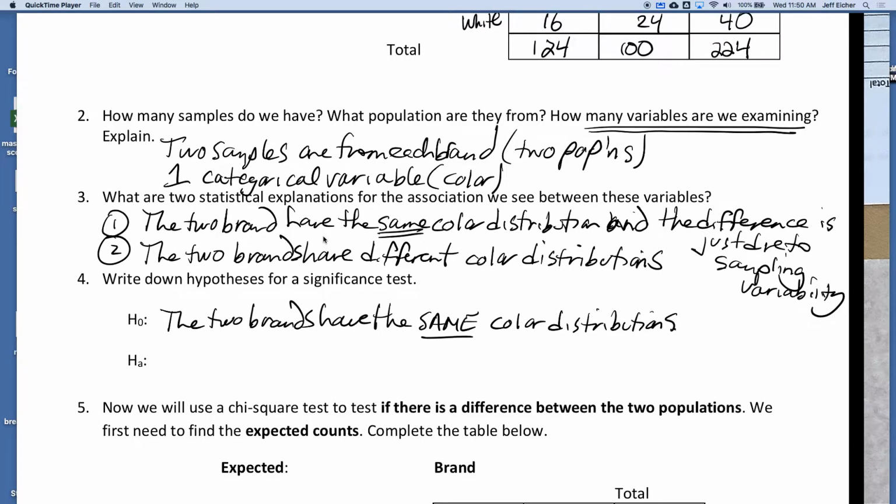The one from yesterday and today's chi-squared, you'd use the same and different. But then tomorrow's, it's a little bit different, but it's not going to be complicated, so you'll be able to figure it out. It's always something like equal to or the same in the null. And then the alternative is that the two brands have different color distributions.